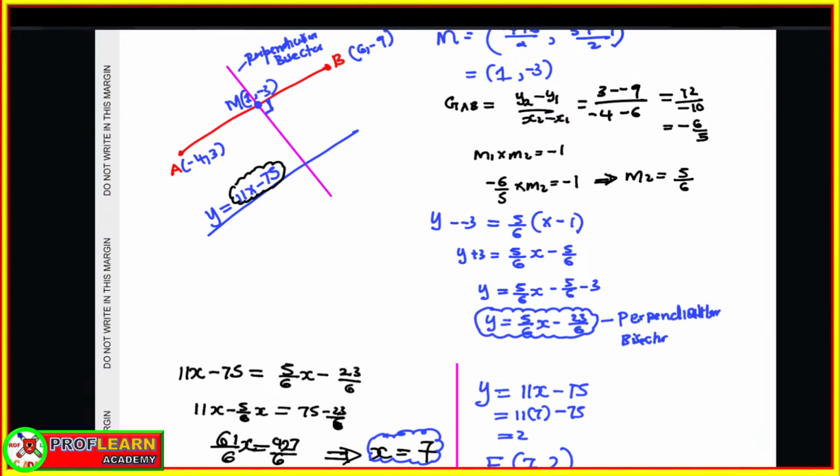So I believe that is okay up to that point. Let me know whether you are following up to that point, if it's okay up to the coordinate, the point whereby we are finding the value of E. All right, great.